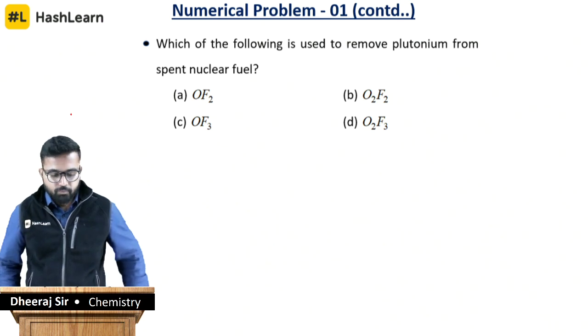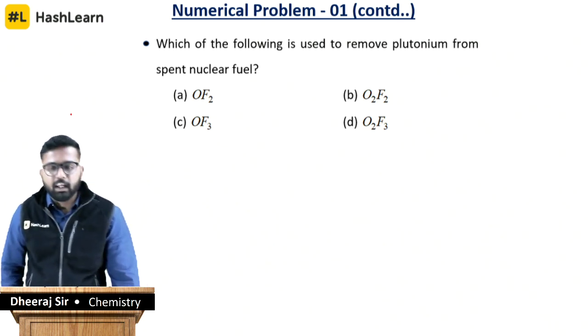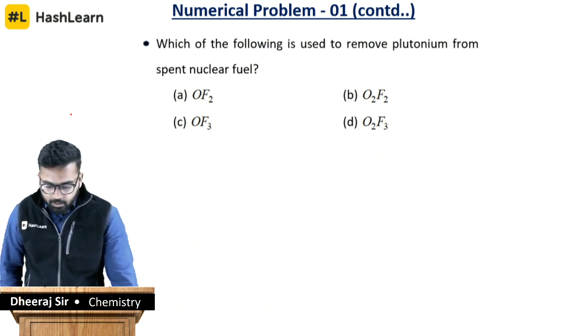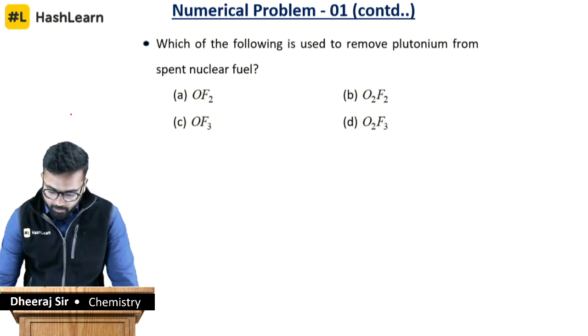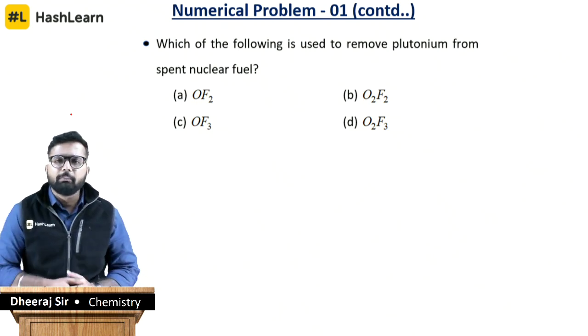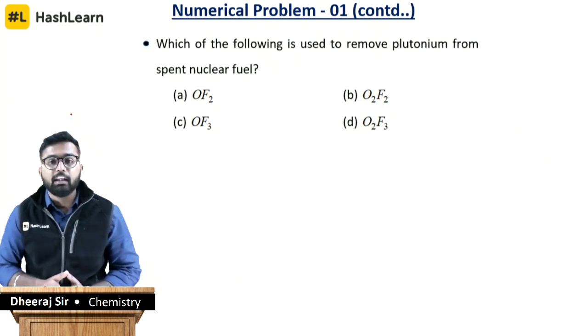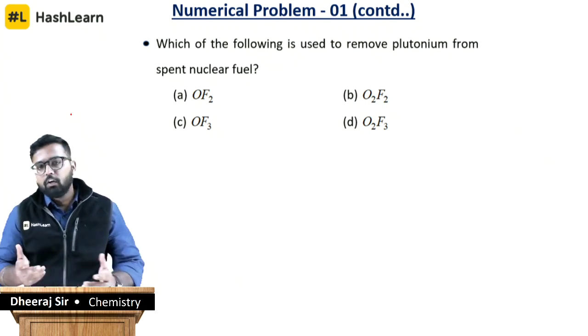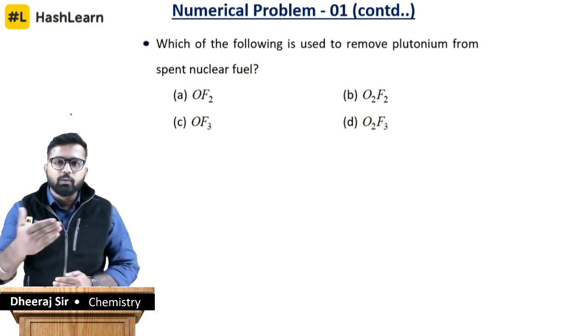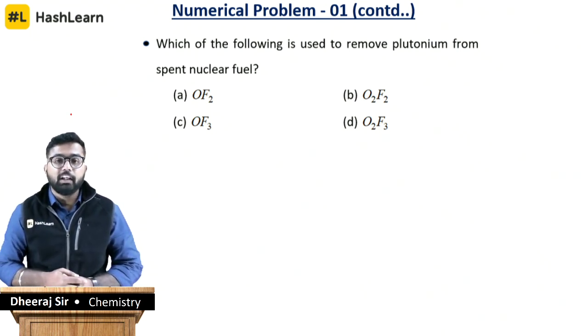Go for it, guys. OF2, O2F2, OF3 and O2F3. Which of it is going to be used? It's a pretty important question. Now you should know the need for extracting plutonium. Plutonium is radioactive. Even if slight amounts of radioactive material are left in the used nuclear fuel, it continuously undergoes decay, and the decay leads to emission of harmful radiations like gamma, alpha and beta radiation.